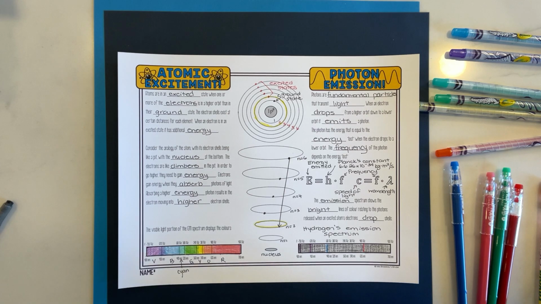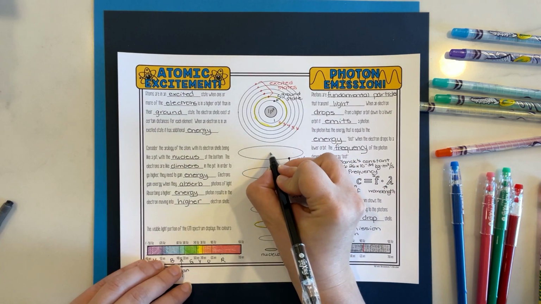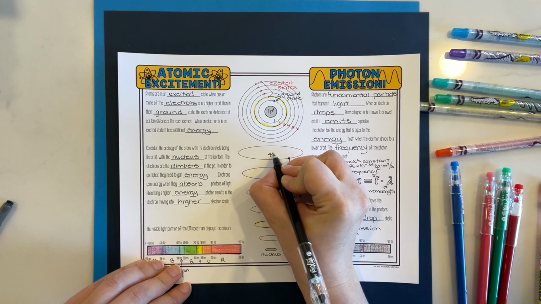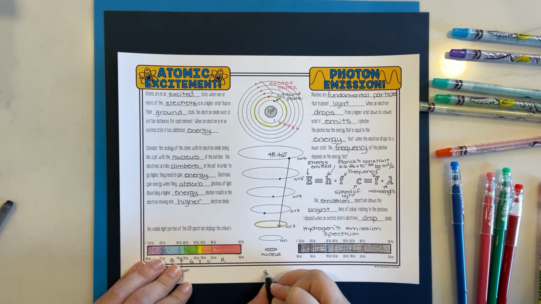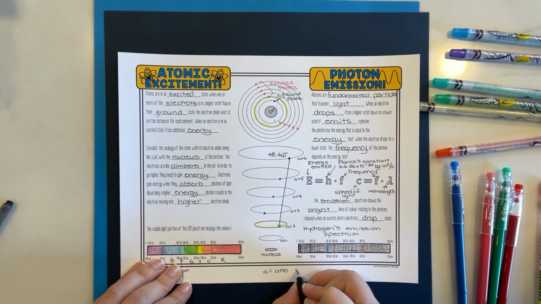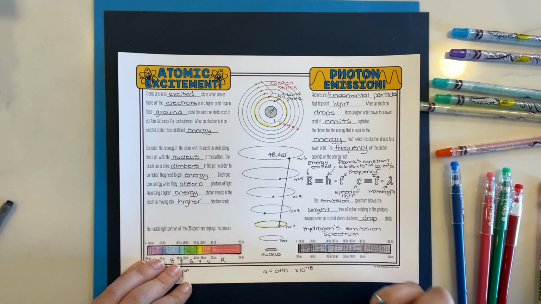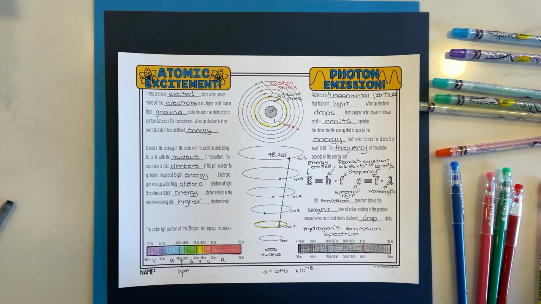In fact, the amount of energy that's given off is 48.4 attojoules. Now, atto is not a common prefix that we use often, but it means times 10 to the negative 18. So attojoules, a very, very small number.